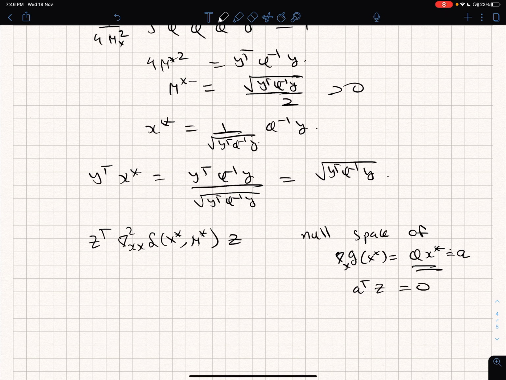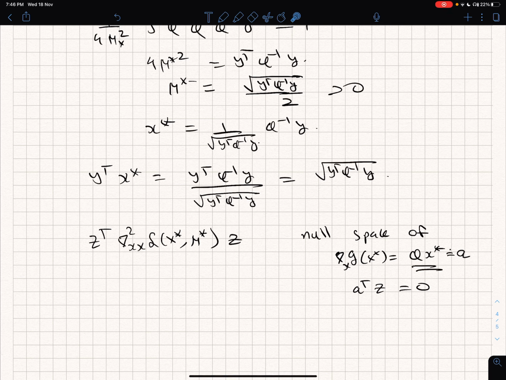All the Z vectors that you are going to consider should be in the null space of the Jacobian of the active constraints, and this is a fixed vector A.